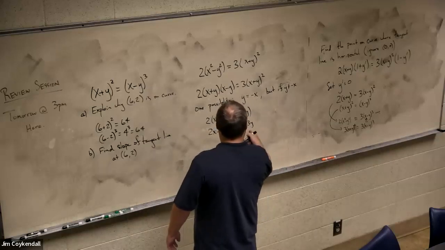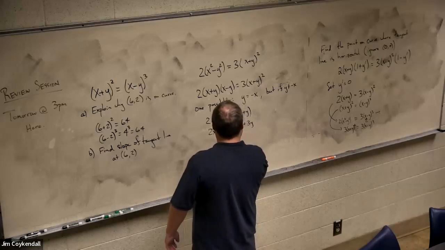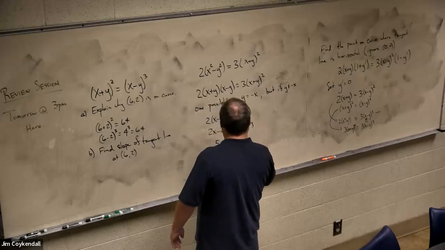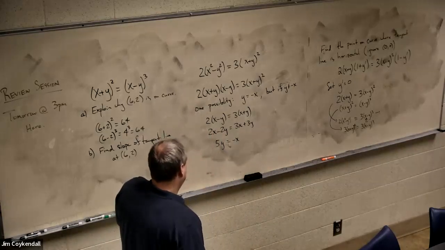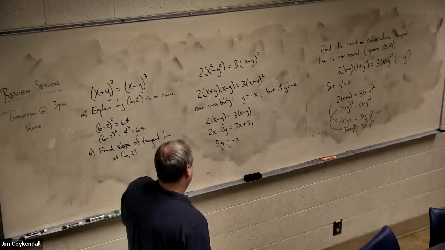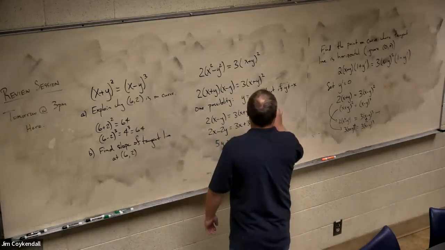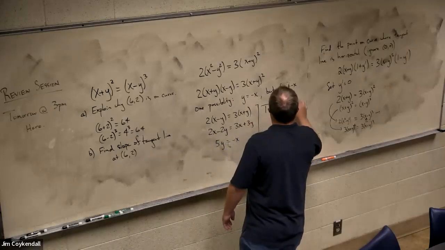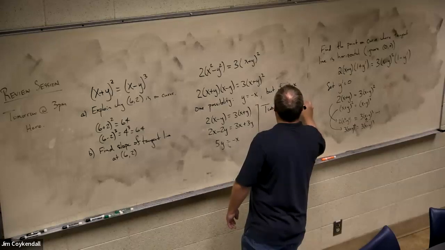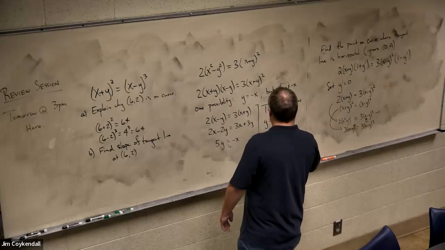And I get 5y is minus x. So I get 2 solutions: y equals minus x, and y equals minus x over 5.